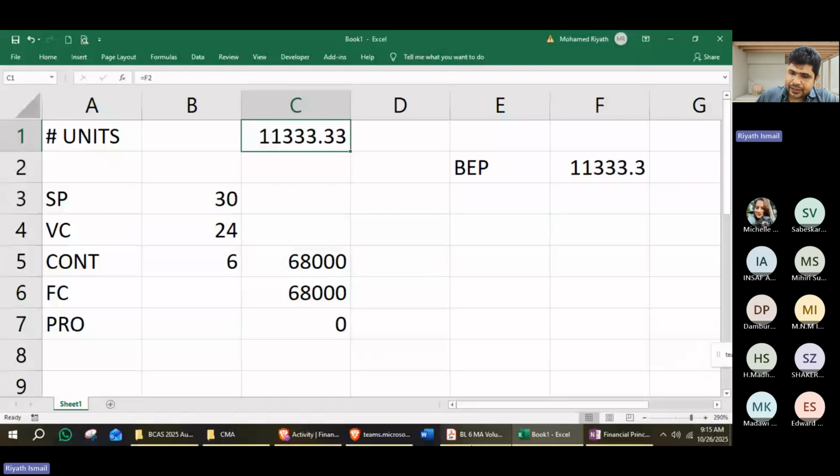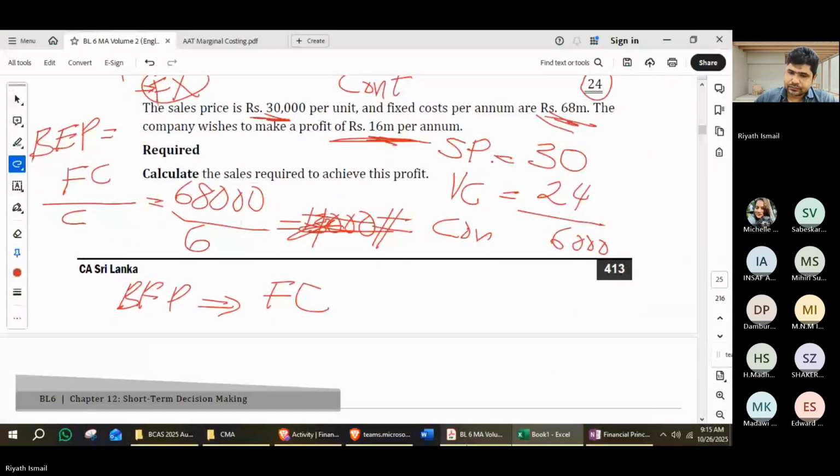So to cover the 68 million and the 16 million profit, what do they have to do? They have to add a target profit of 16 million. 16 million has to be added so that they can achieve the target profit.